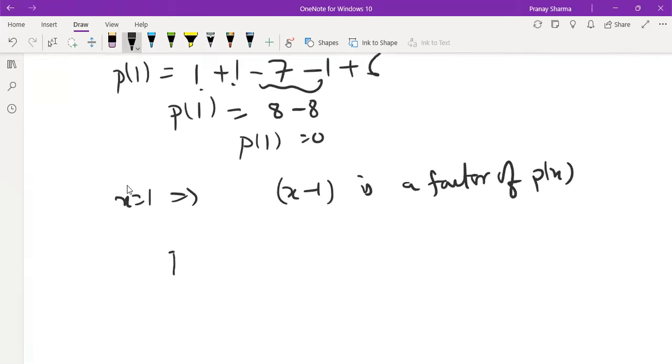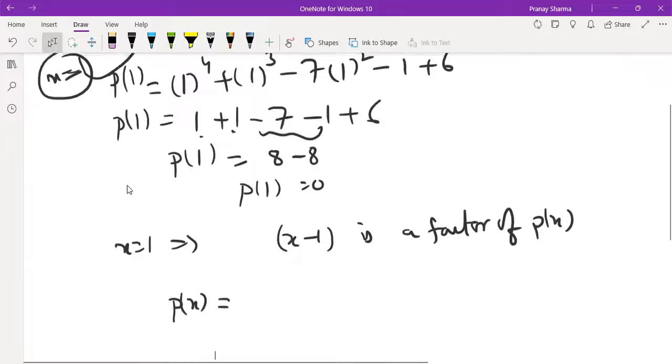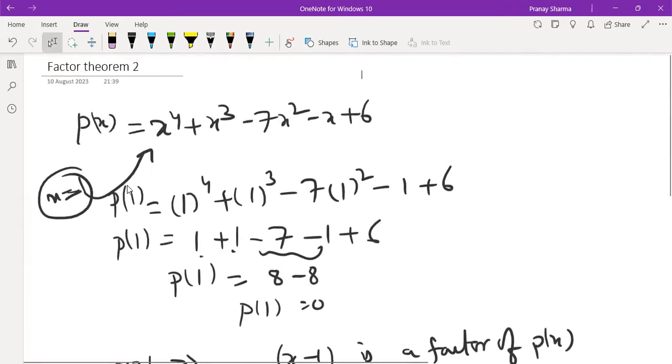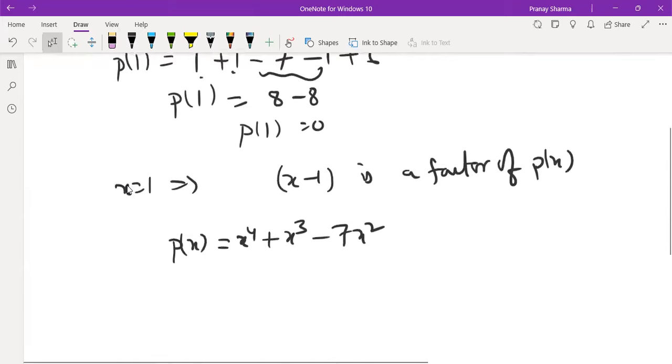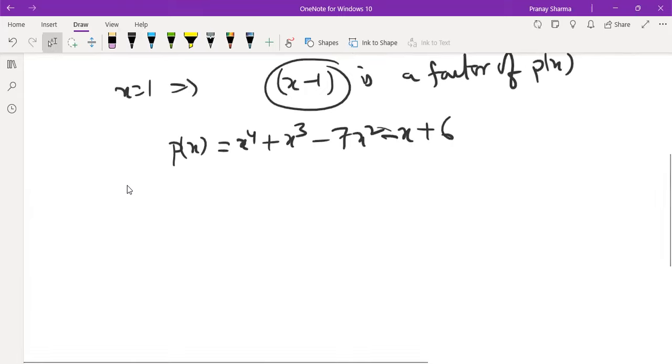So P of x we need to write again, people. P of x was x to the power 4 plus x cube minus 7x square minus x plus 6. Right. So we have this as a factor, and I told you that when we are given a polynomial, you just check the degree.